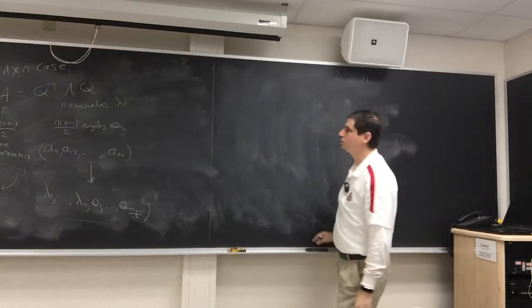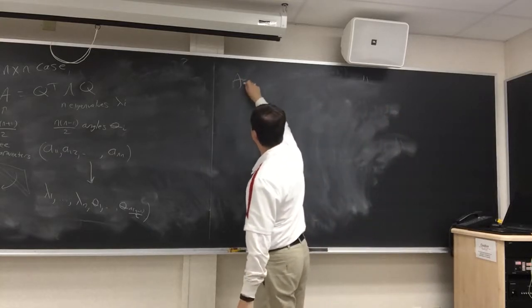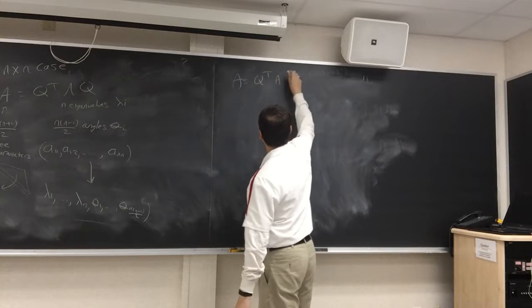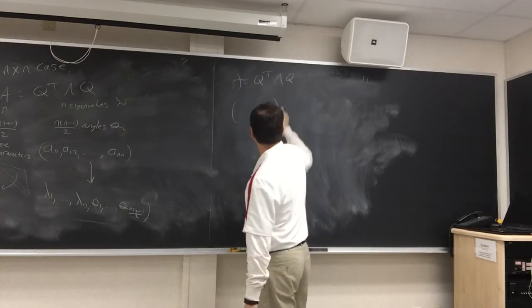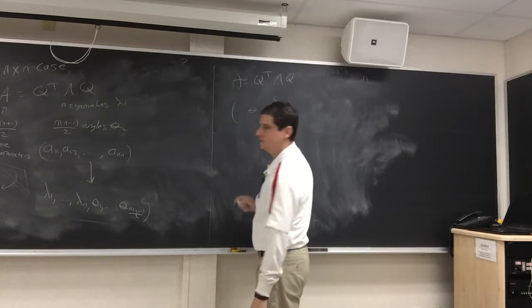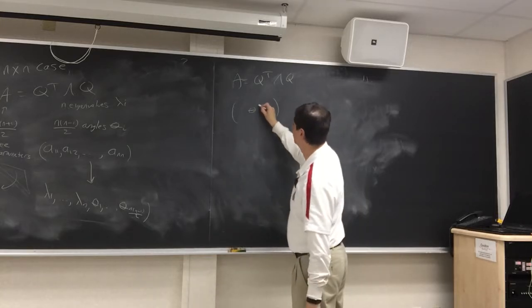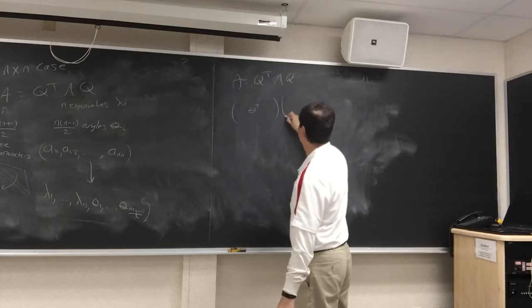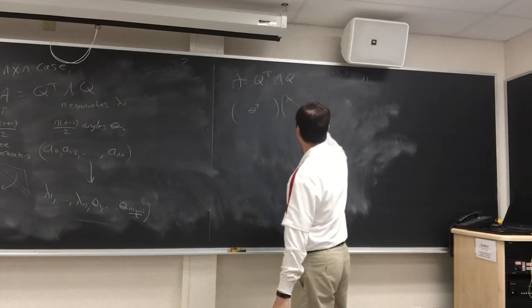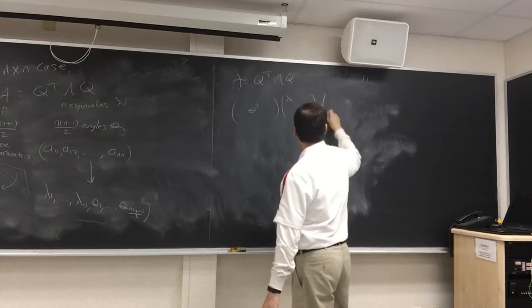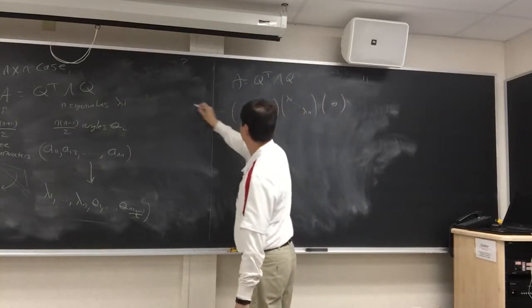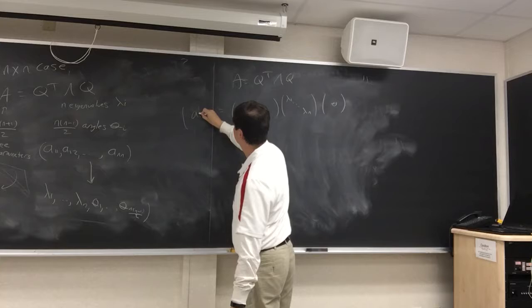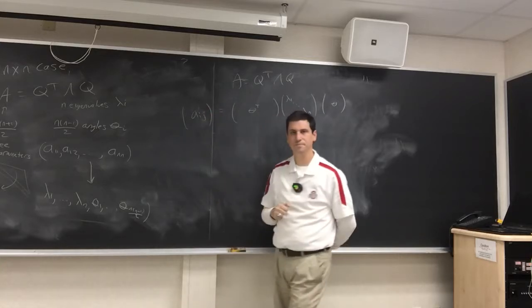So let's analyze what's going on. So A is Q transpose lambda Q. So we've got some theta dependence here. Then we have lambda 1 through lambda n. And then we have our thetas over here. And this is our A, ij.